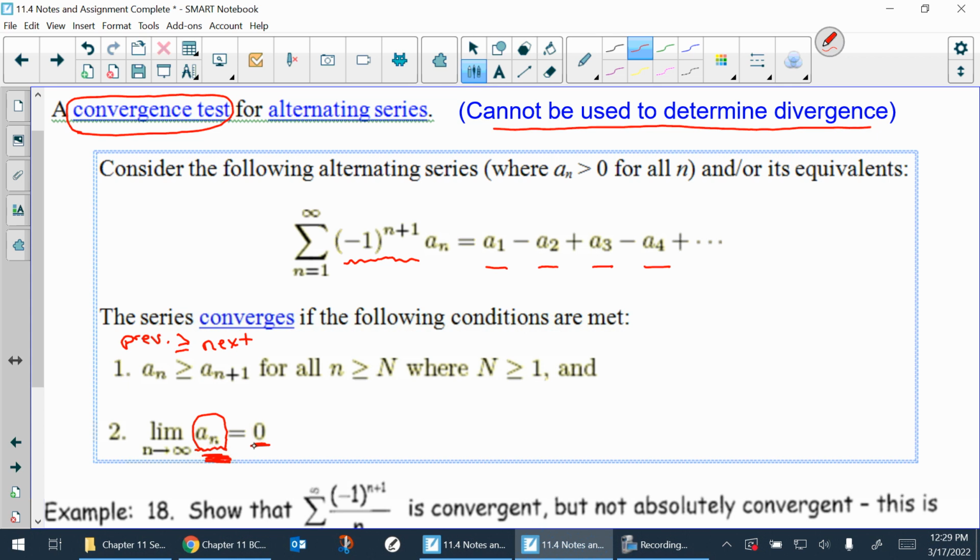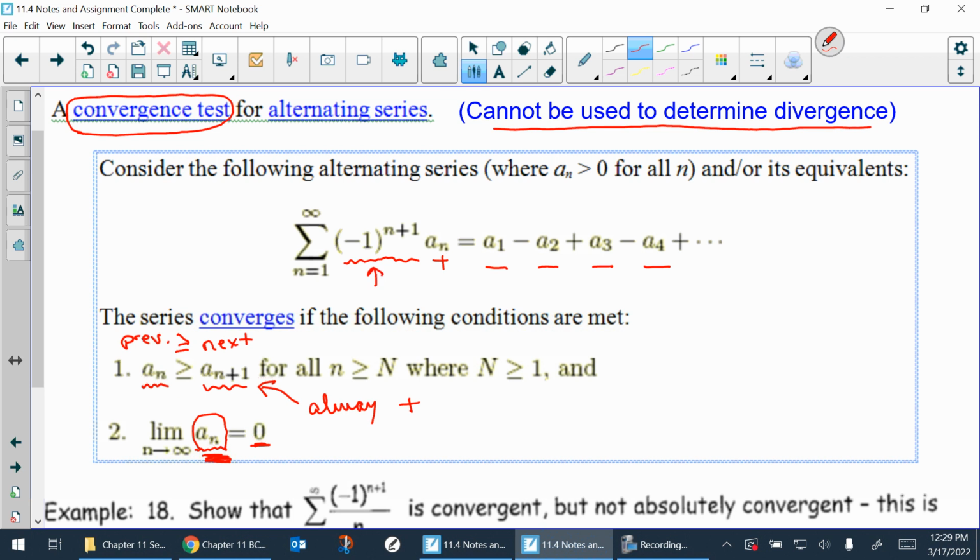Now, keep something in mind. When I'm talking about a sub n plus 1, these things are always positive. It is this thing that determines whether we are adding or subtracting.